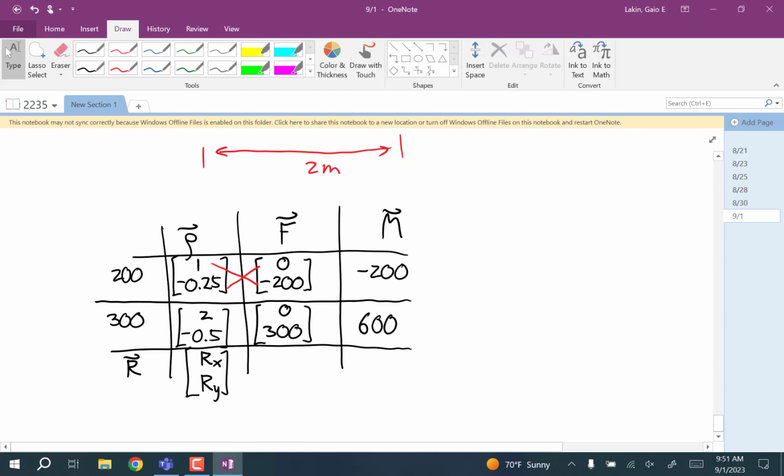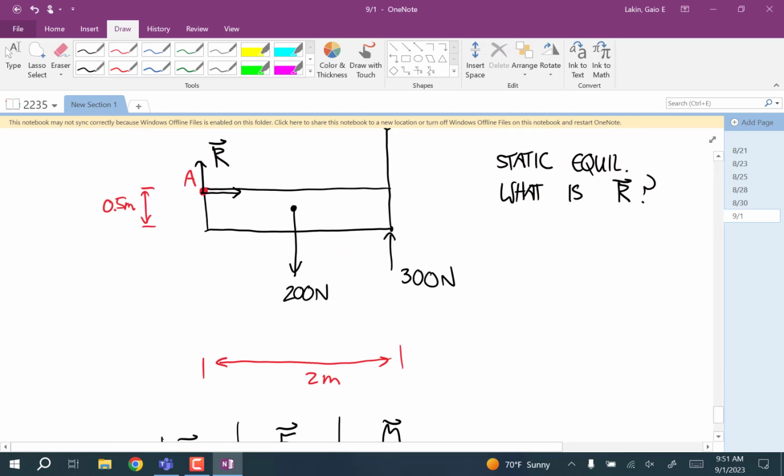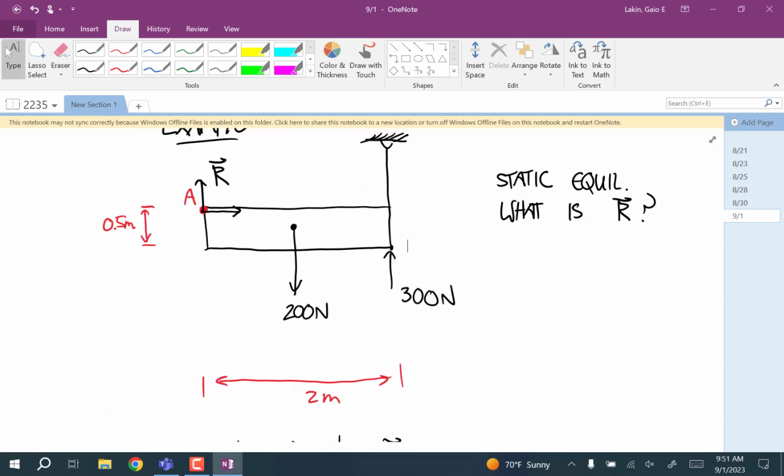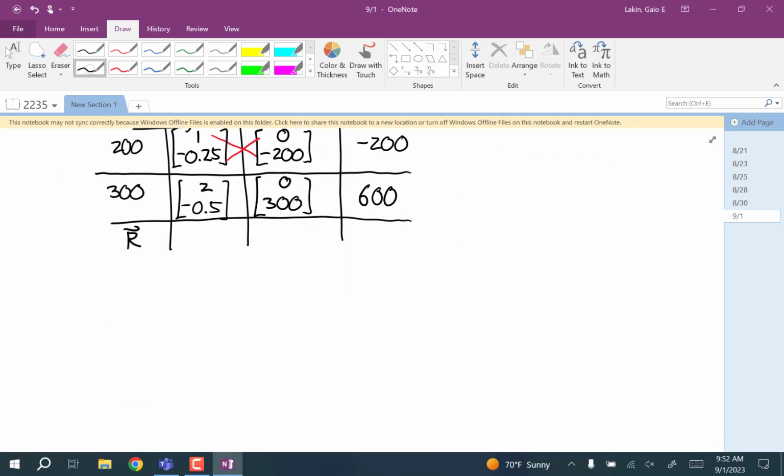Okay, so what's the rho vector for this force R? The vector from A to where that force is applied? 0, yep. So we have 0 for the rho vector. We have Rx, Ry for the force. Cross product says this is 0. I'm sorry, I'm going a little over.